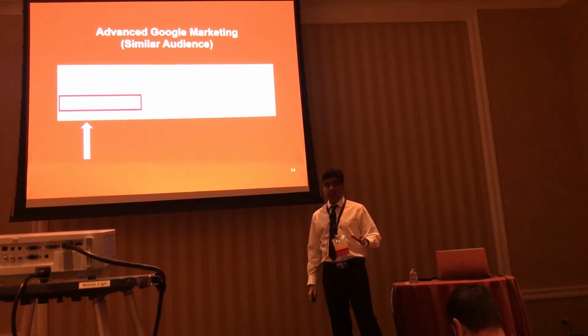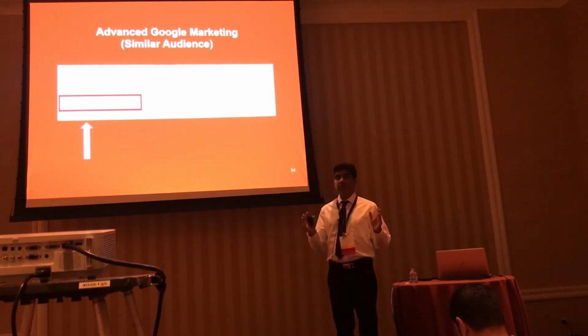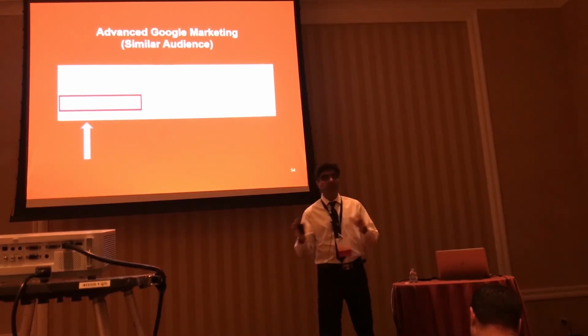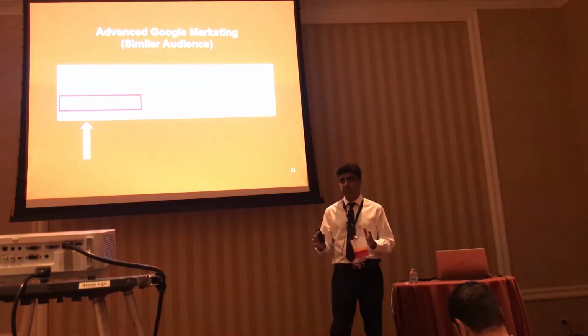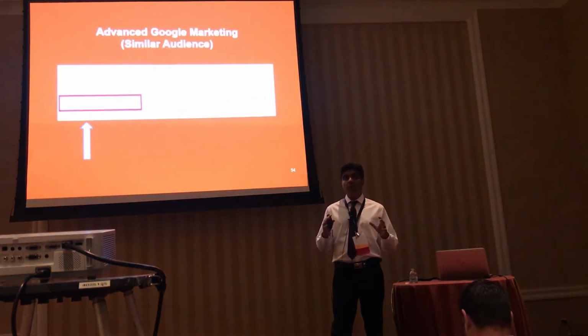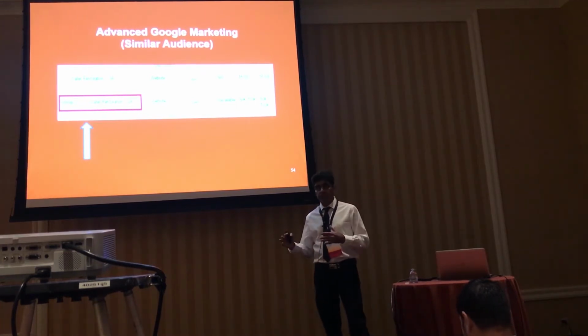So here's how that works. You drive, let's say 1,000 people to your website. PPC, SEO, doesn't matter. Facebook. You drive 1,000 people to your site. Google knows who those 1,000 people are. You don't know, I don't know, Google knows.